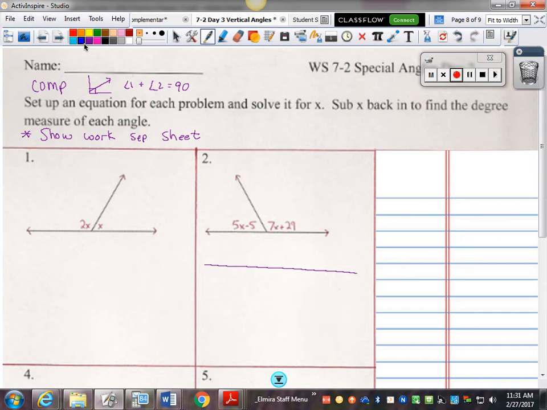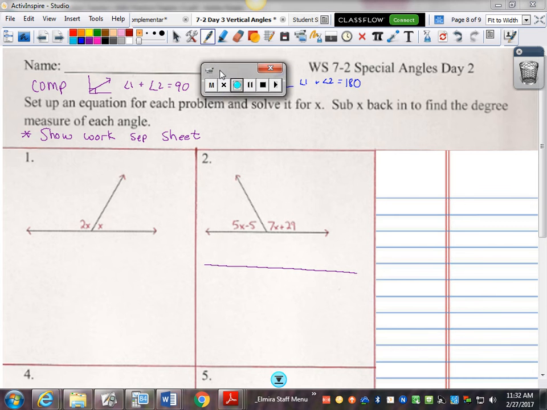Or we could be talking about supplementary, and again, you can abbreviate. That picture is going to be a straight line with a line coming out of it, and that's going to be angle 1 plus angle 2 equals 180.